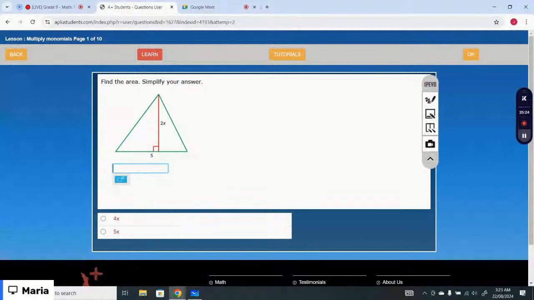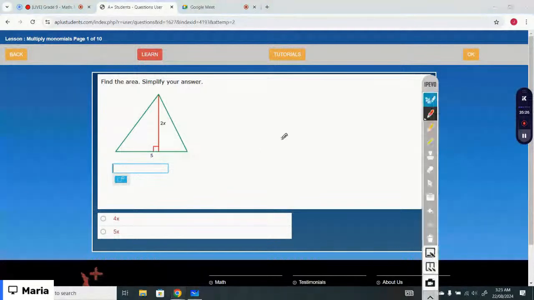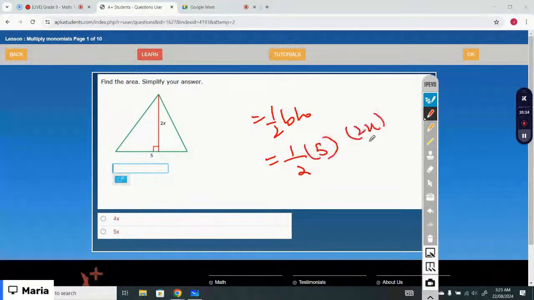So for the area of the triangle you have to use the formula, right? That is half times base times height. So you have half, the base is 5, the height is 2x. So that would be 2 times 5 is 10x divided by 2. So 2 times 5 is 10.